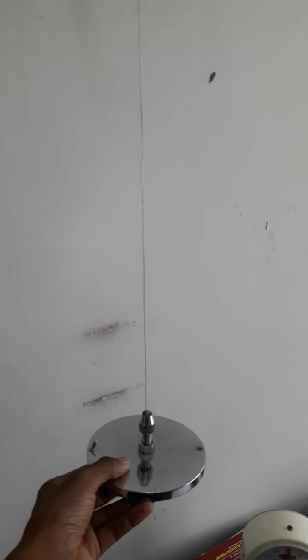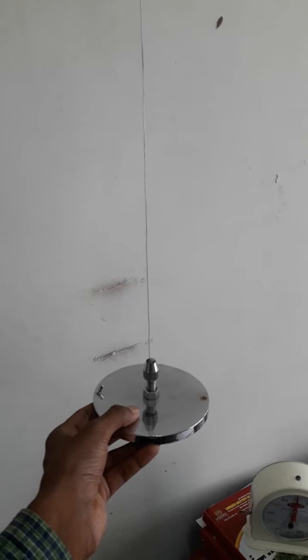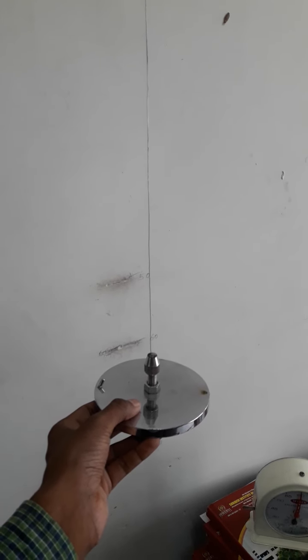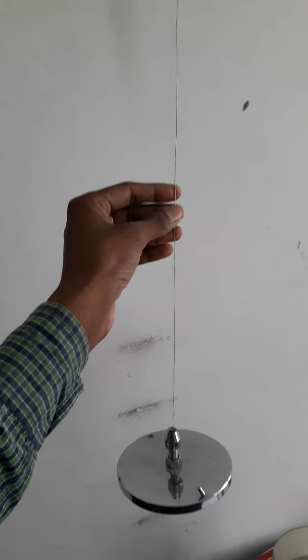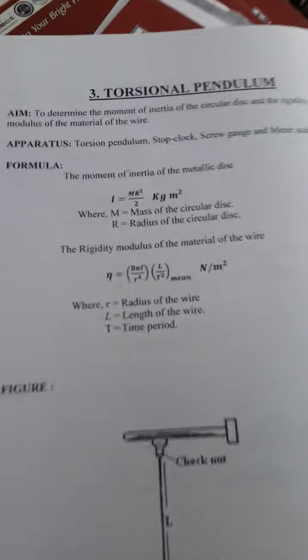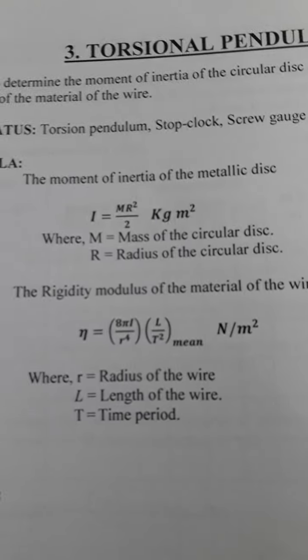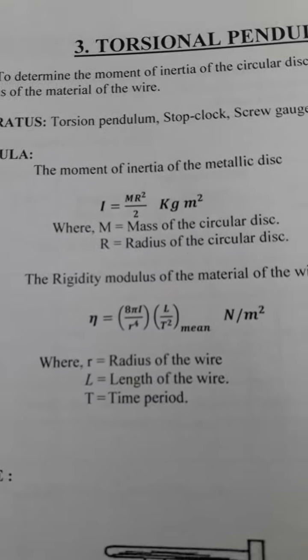We have formulas to calculate the moment of inertia of the circular disc and the rigidity modulus of the given wire. Which are those formulas? To calculate the moment of inertia, we have I is equal to M R square by 2.